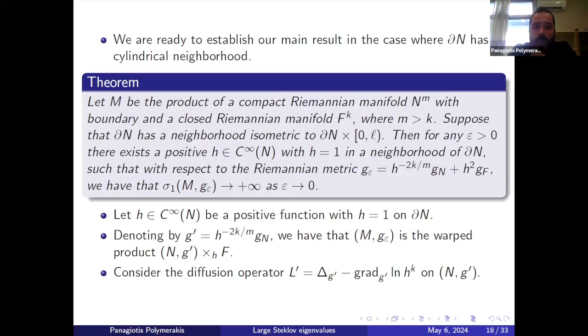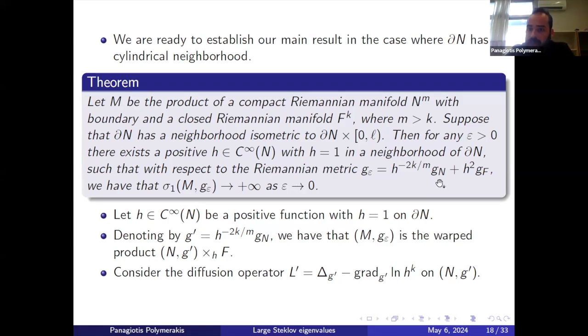Good. So let M be the product of a compact manifold N with boundary with a closed lower dimensional manifold F, and suppose that the boundary of N has a cylinder. Then for any epsilon positive, there is a positive smooth function H on the base manifold N, which is 1 in the neighborhood of the boundary, such that with respect to this very specific Riemannian metric, the first eigenvalue of the product manifold is arbitrarily large as epsilon goes to 0.